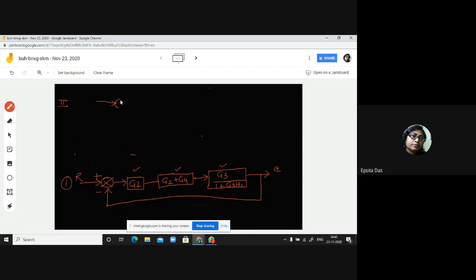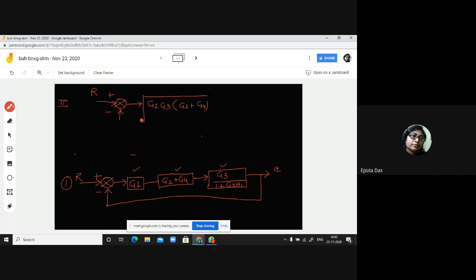Okay, so what I can write? First I am just multiplying them. This is plus, this is minus, this is the summer. And what is the multiplication coming? G1 into G2, G4 into G3. That means G1, G3 into G2 plus G4. Okay, so this is the numerator.